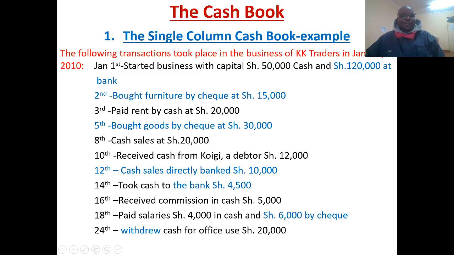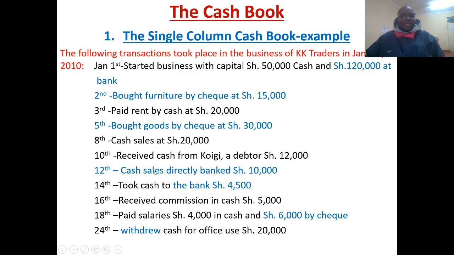On that, they paid rent by cash at 20,000 shillings. On 5th, they bought goods by check at 30,000 shillings. On 8th, they made cash sales of 20,000 shillings. On 10th, they received cash from Koigi Adeta worth 12,000.